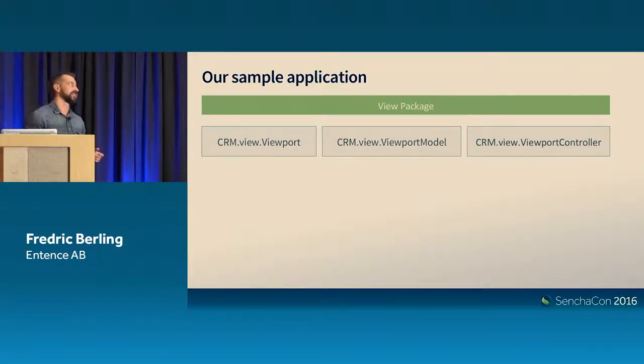In our sample application that we're going to use very soon, I'm using these three classes. CRM is the name of the application. .view.viewport, that is the view, what you see on the screen. And then we have a connected viewport model and a viewport controller for functionality and functions.